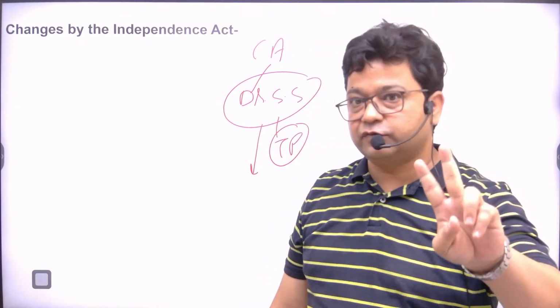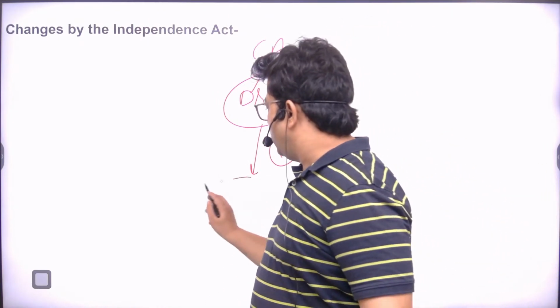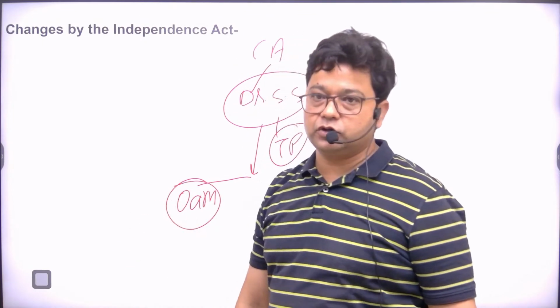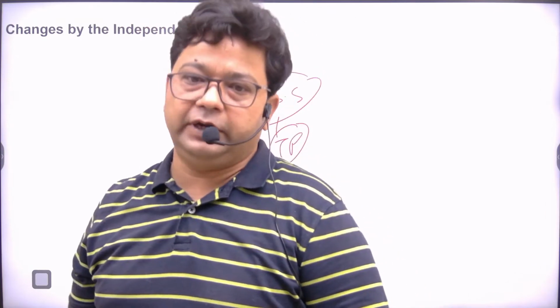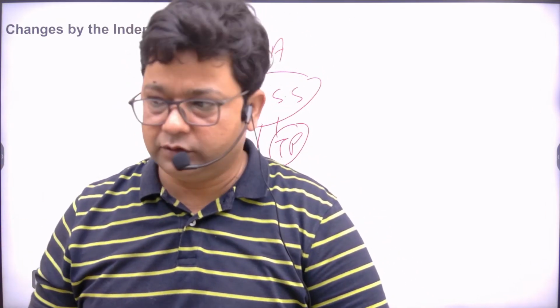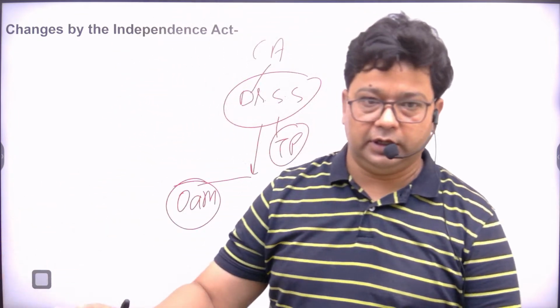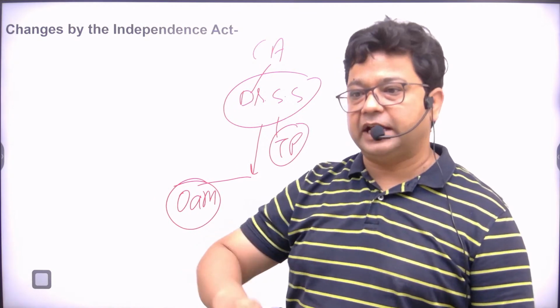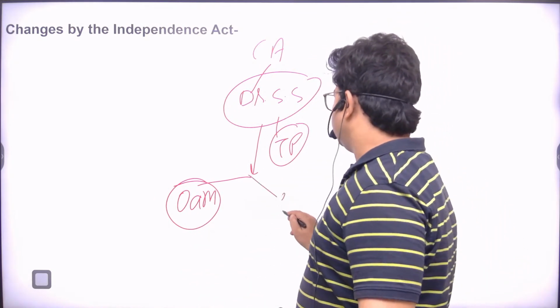His function was two things. First, to administer the oath to all the members of the Constituent Assembly, because without taking an oath the members cannot take part in the proceedings of the House. And second, to help the House elect its first president.